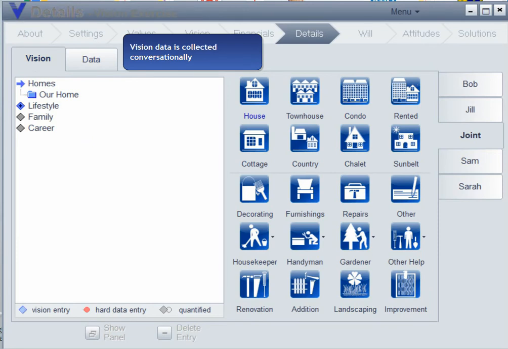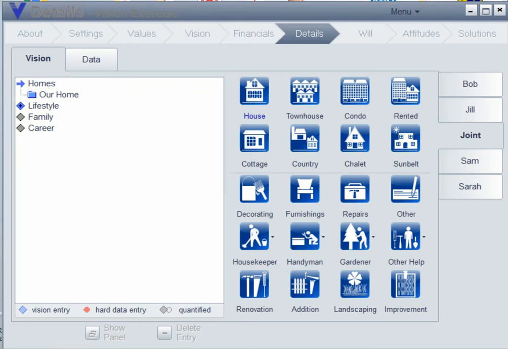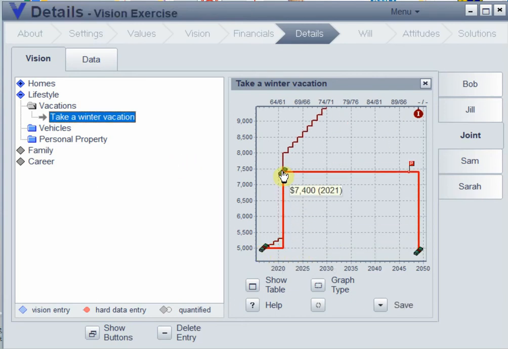Now there's 2 reasons why we want to collect the vision data conversationally. And one is it helps to make your vision entries more clear and compelling. And the other reason is vision entries will change over time. For example, let's take a look at your winter vacations. Right now we're spending about $5,000 a year. But what if at some point in time we want to spend a little bit more on vacation?